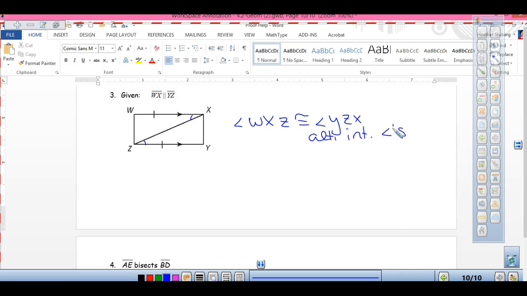Is there another pair of alternate interior angles? There's not? Yeah, there sure is. Angle WZX is going to be congruent to angle YXZ, because in this case we started with W, so over here we got to start with Y. And those are also alternate interior angles.